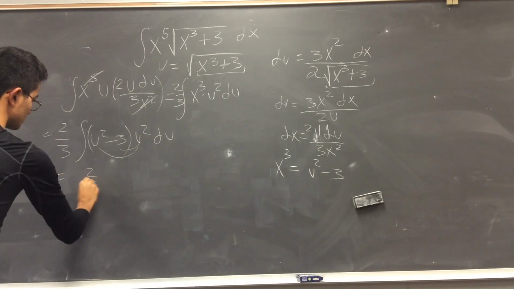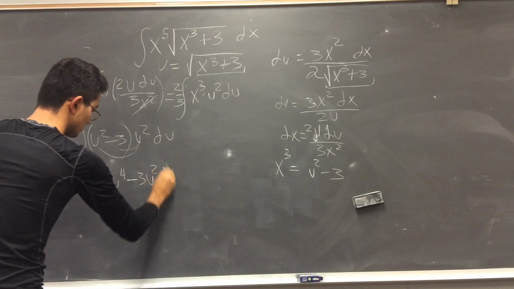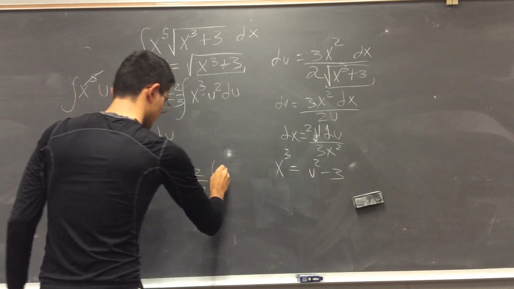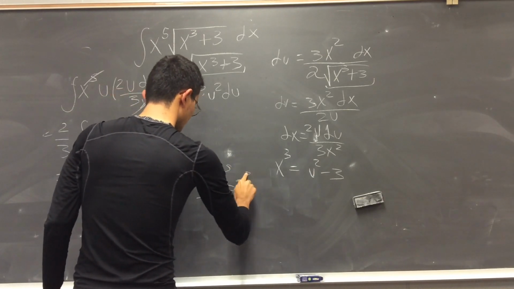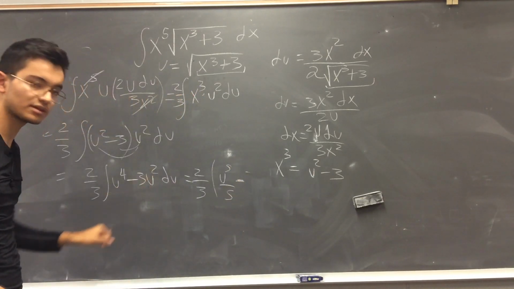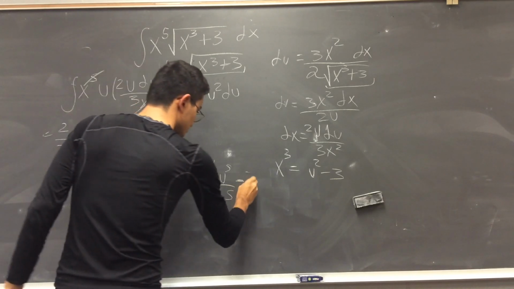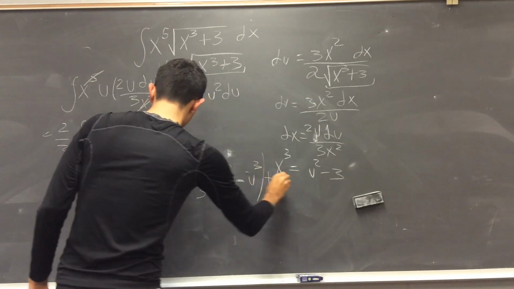We get 2/3 times the integral of u to the power of 4 minus 3u squared du. And that's essentially 2/3 times u to the power of 5 over 5 minus, 3u squared integrated is going to be 3u to the third over 3. 3 over 3 is 1, so that's u to the power of 3, plus c.